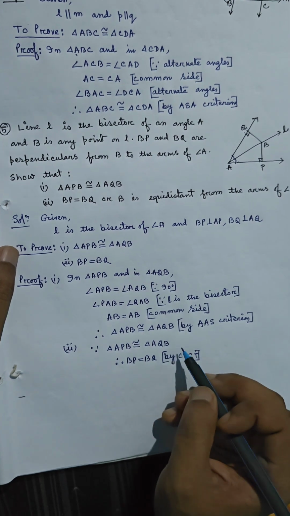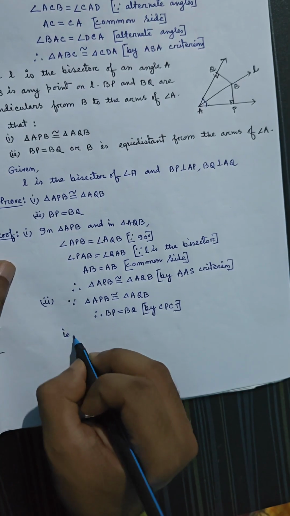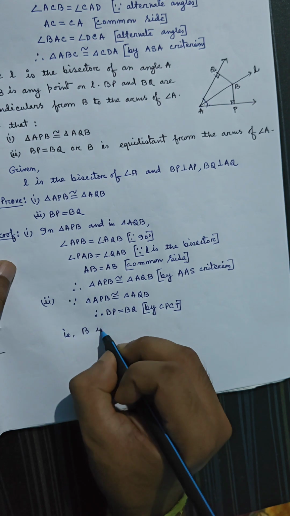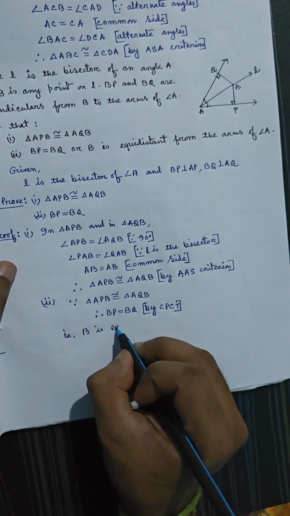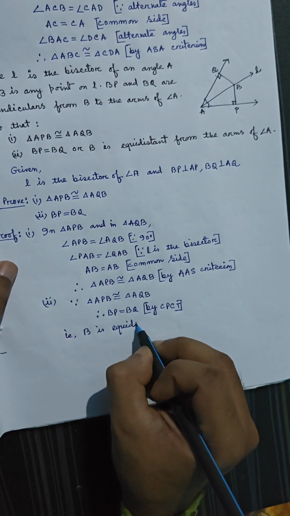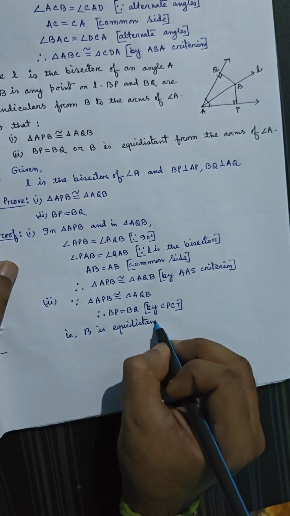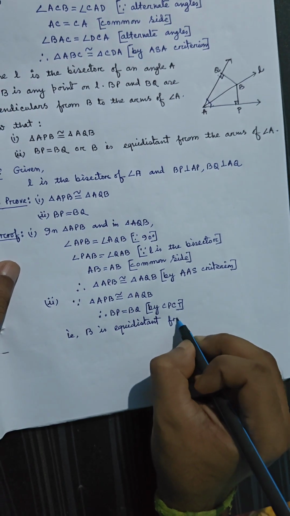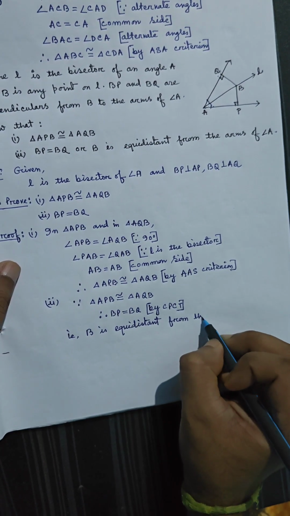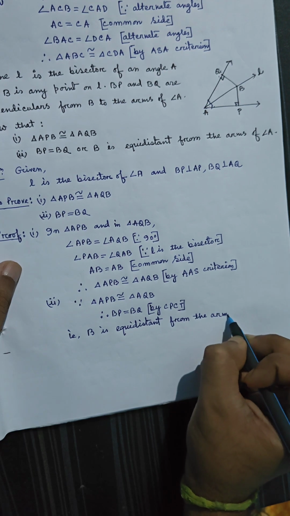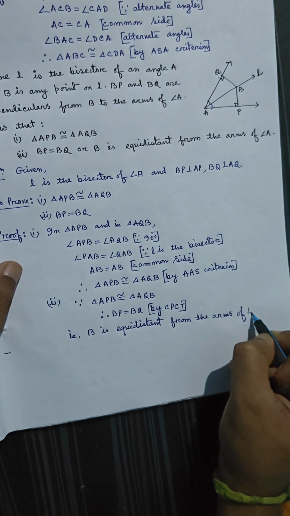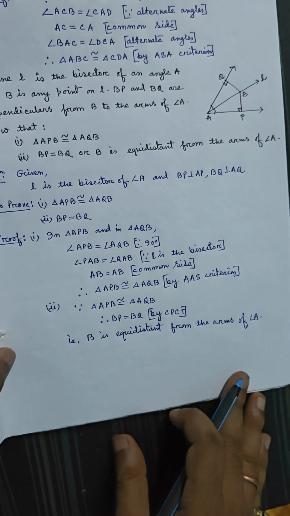Proved. Here we can say that B is equidistant from the arms of angle A. That's it for today.